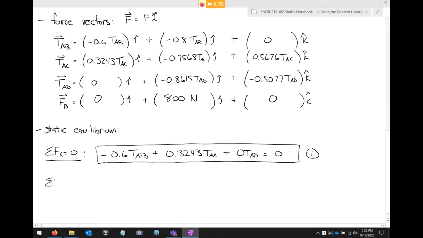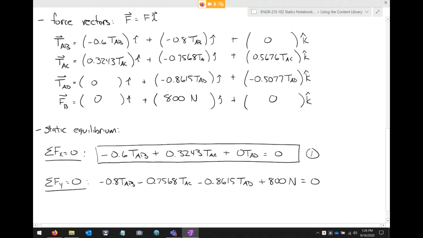Now let's sum forces in the y direction. So I have negative 0.8 TAB minus 0.7568 TAC minus 0.8615 TAD plus 800 newtons equals 0.